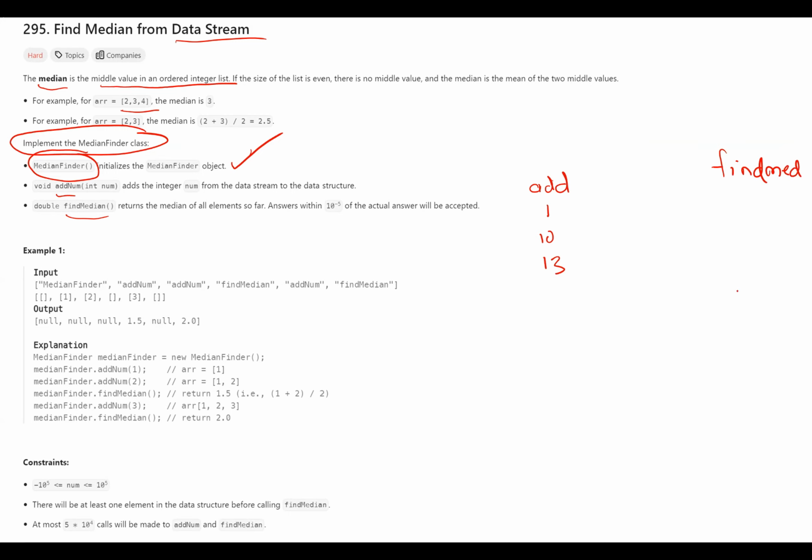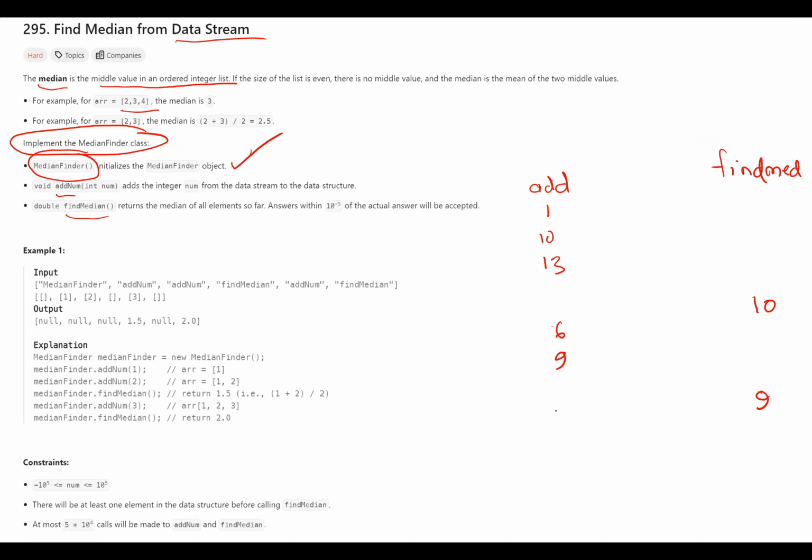The median until now is 10, so find median will give you 10. Then I keep adding new numbers, say 6, and then 9, and I call find median again. This time the middle number of 1, 6, 9 is 9, so 9 is the median now.